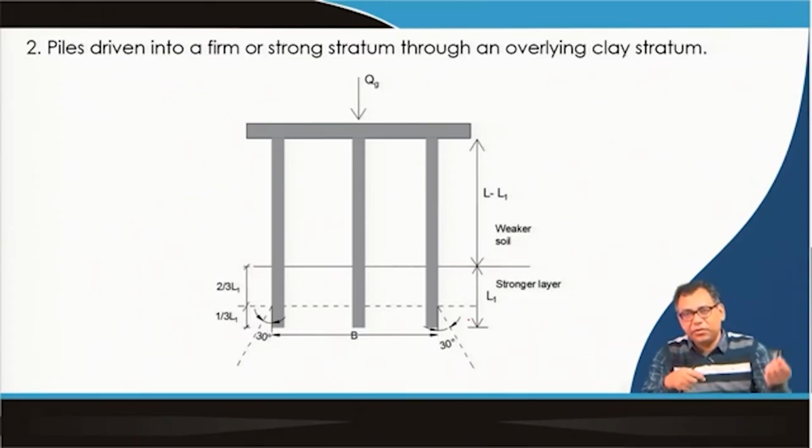But suppose one layer is very soft clay, with a Cu value of say 25 or 30 kPa, and the bottom layer is a very stiff soil, say 200 kPa Cu value. Then definitely we will consider this condition, and the raft we place at 2/3 from the top of the bottom layer.